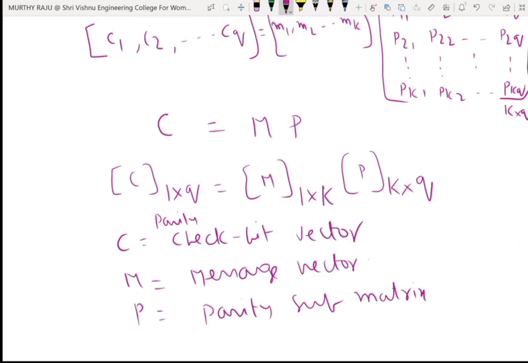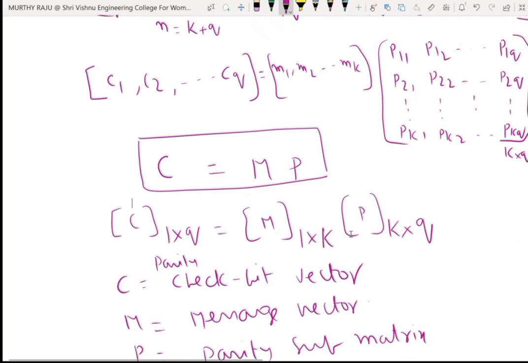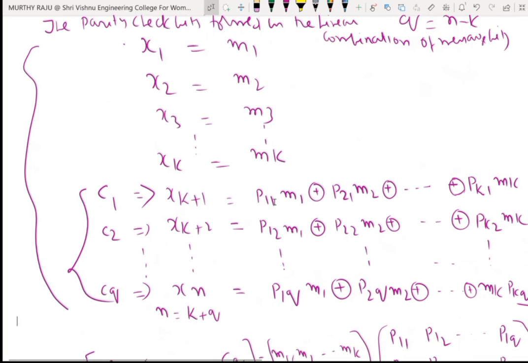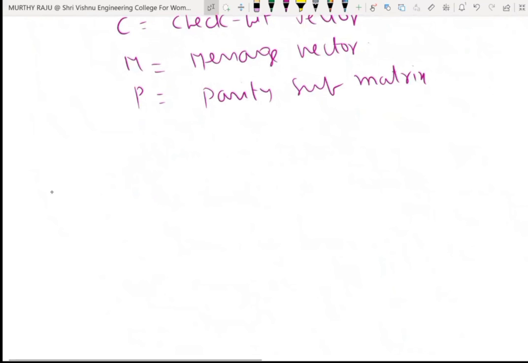This is one important relation: parity bits are determined by using this relation. Another important one: convert these expressions into a second form.